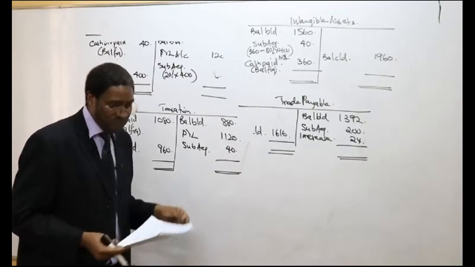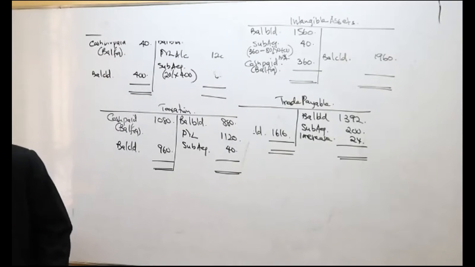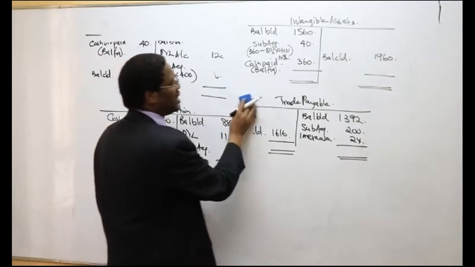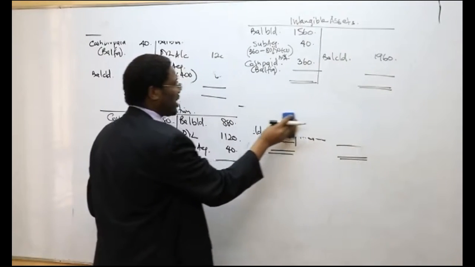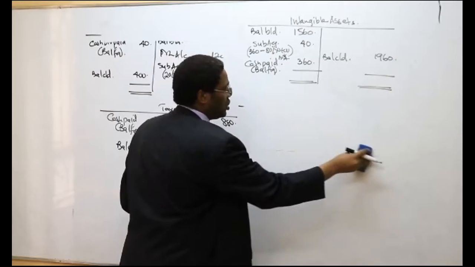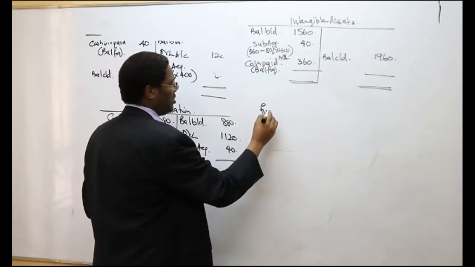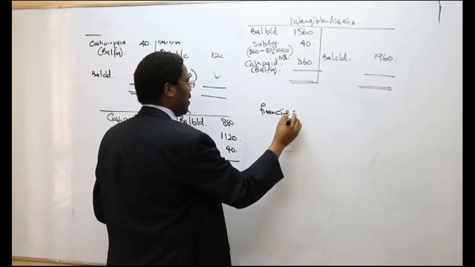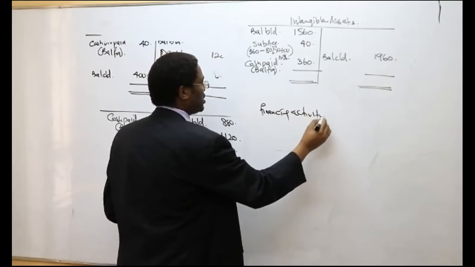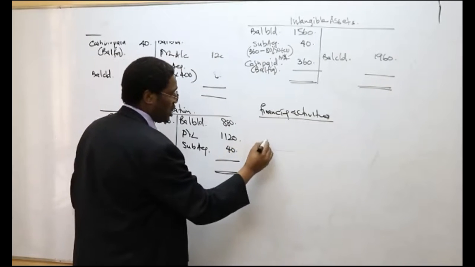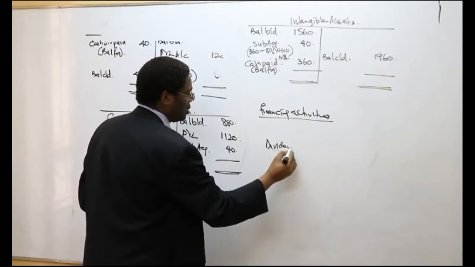Now, before we prepare the actual cash flow, let me emphasize one thing which you must have done in your previous class and which I also told you last time when we were discussing. Among the financing activity items in our cash flows, you remember we said for group cash flow, we shall have something called dividends paid.